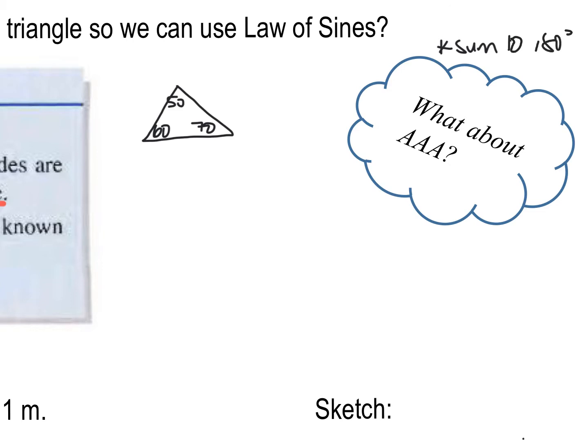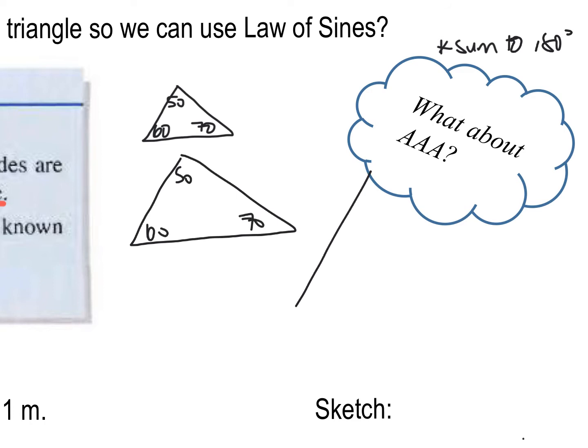That's not new; that's something we've been talking about all year long and what you learned in geometry. So 50, 60, and 70 do add up to 180. But imagine pinching that or zooming it on your iPad or your iPhone. I can make a different triangle with longer sides that still has 50, 60, and 70.